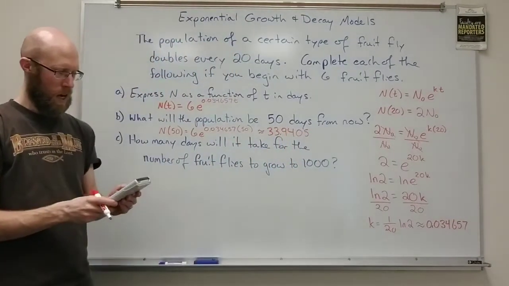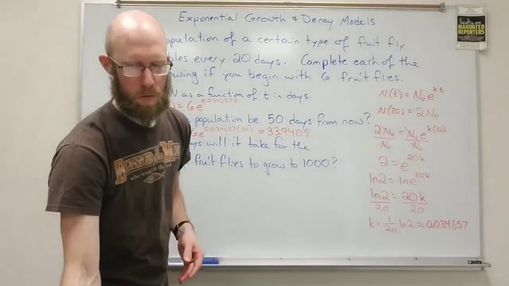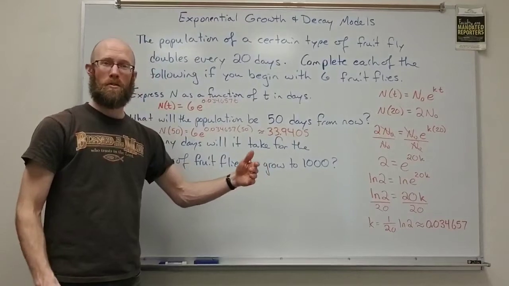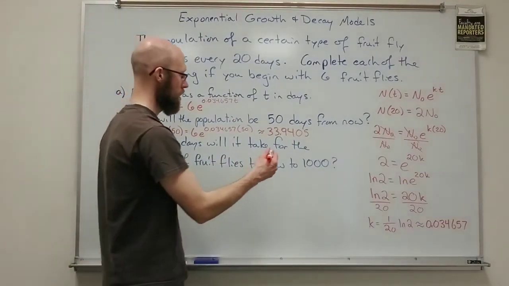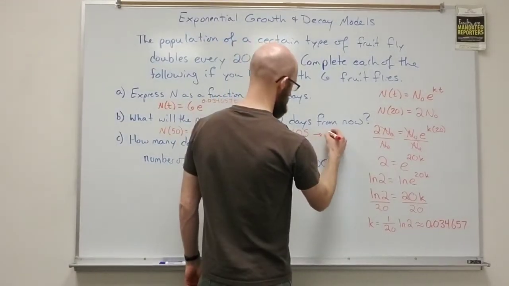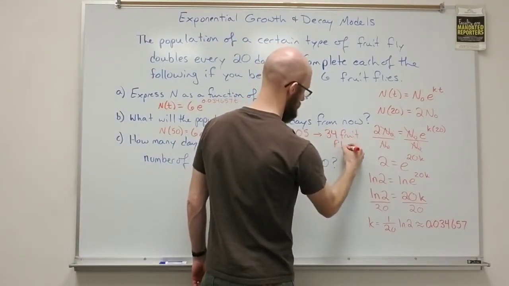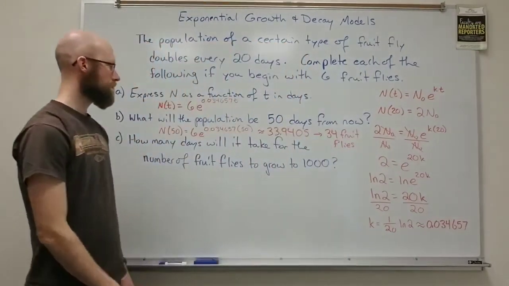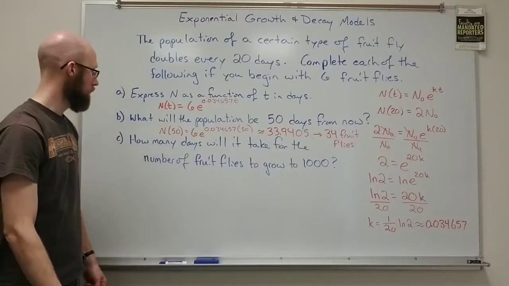Now I would put that as 34 fruit flies, although it's possible they didn't get the 34th fruit fly until after day 50, but I'm going to go with 34. So that's how many fruit flies you would have after 50 days.